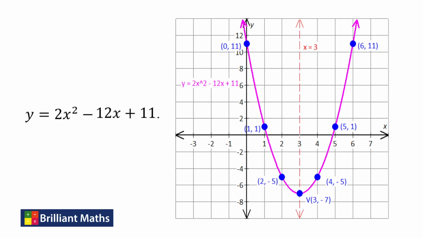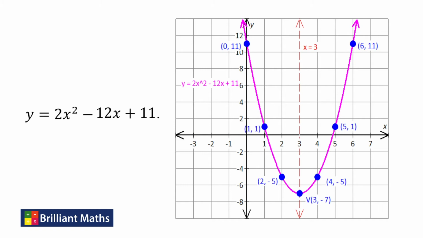So look at the next example on your screen. We have the graph of y is equal to 2x squared minus 12x plus 11. In that function, you can see that the coefficient of the quadratic term is +2. So it's a parabola that opens upwards, that looks like a cup.